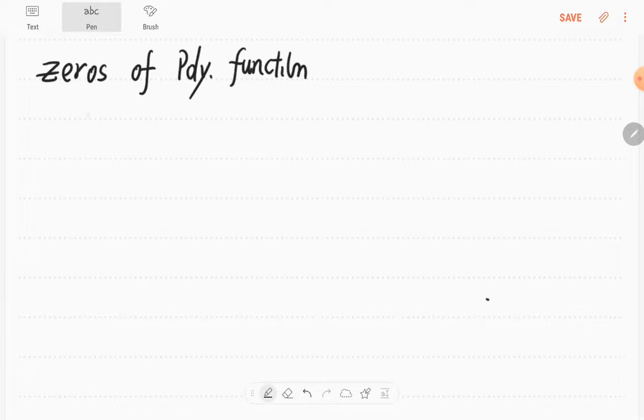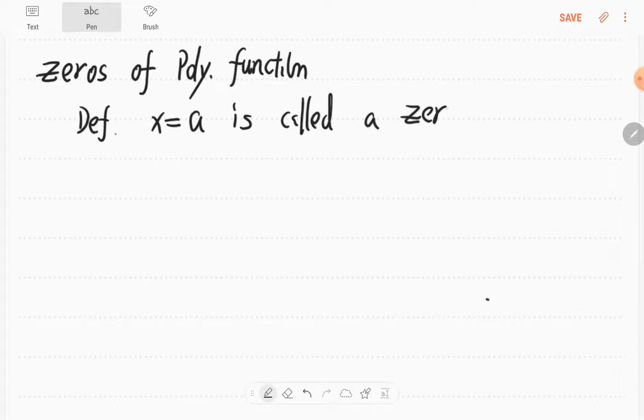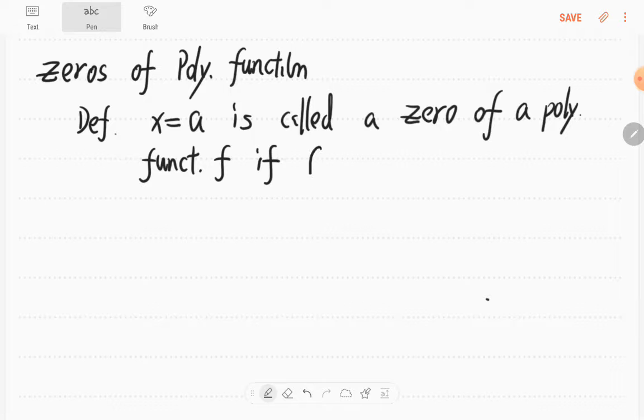Okay, so we say that the definition: x equals a is called a zero of a polynomial function f if f of a equals 0.